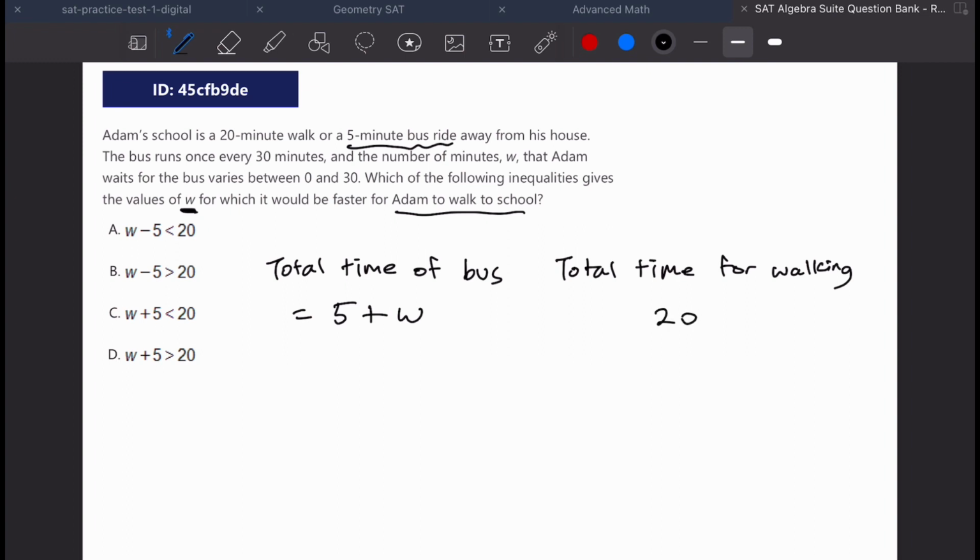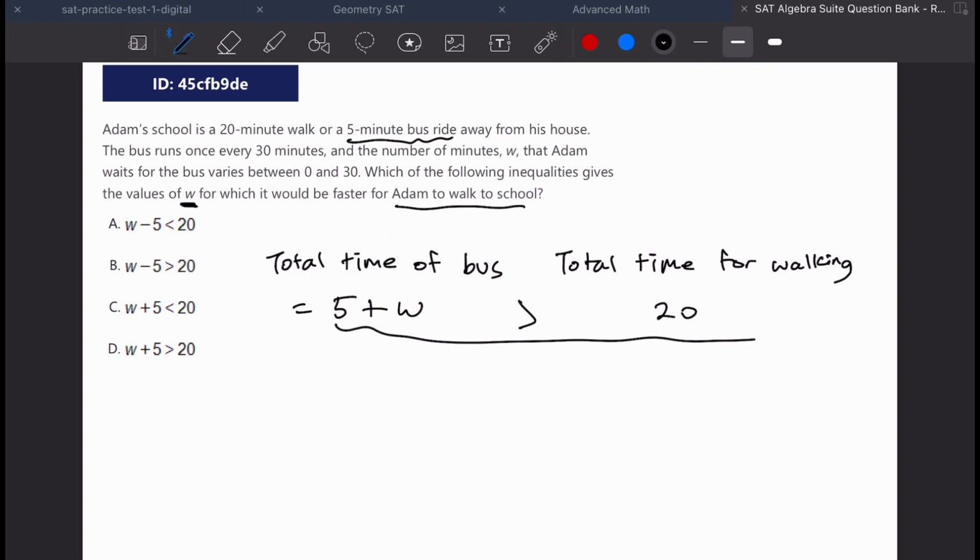And we want it to be faster for Adam to walk. So the inequality would have to be bigger on the bus side so that walking is faster and the time is less. So this inequality is just D. We don't even have to solve for W. So D is just the final answer.